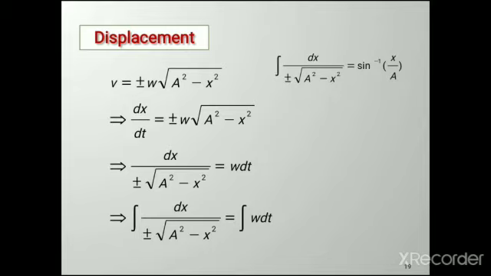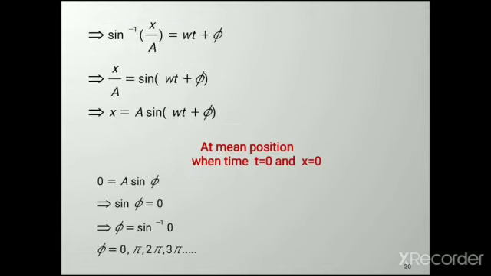Here omega is constant. By using the formula for integration, integral of dx upon square root of a square minus x square is equal to sine inverse x upon a, we will get sine inverse x upon a is equal to omega t plus phi.